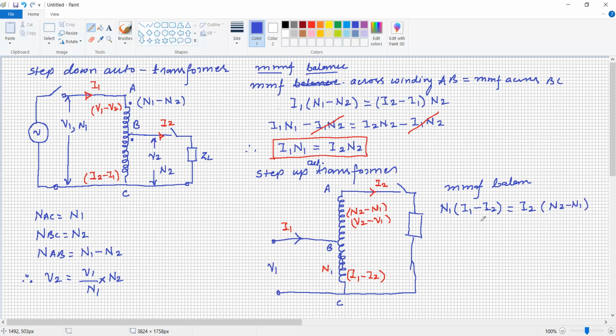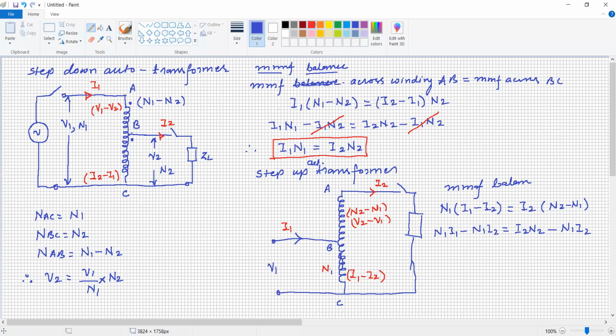By opening this bracket, N1 I1 minus N1 I2 equals I2 N2 minus N1 I2.